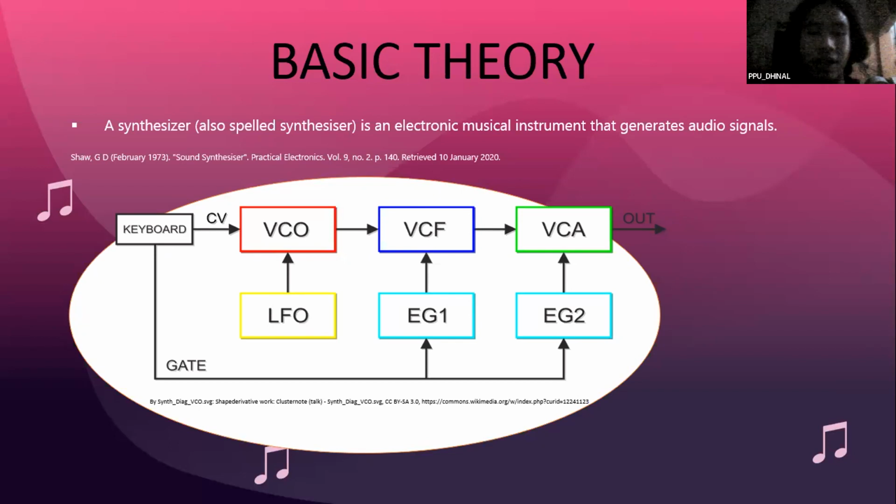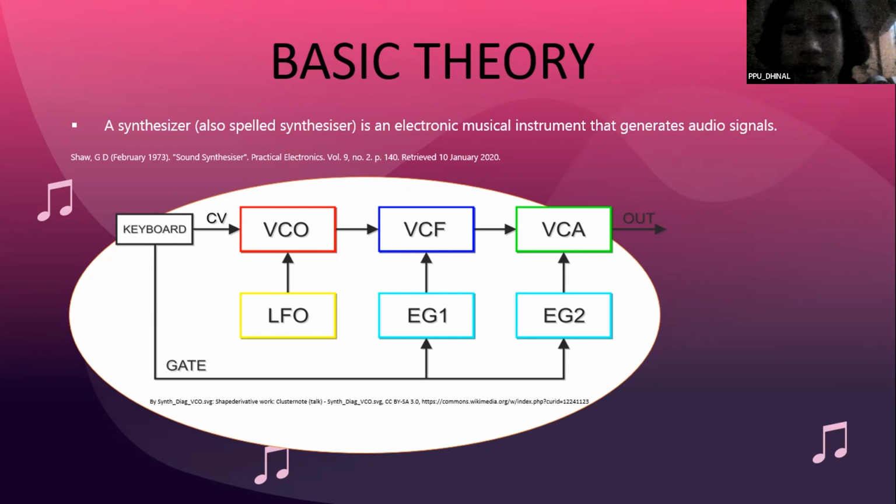If we want to create sound, the keyboard goes through a VCO, then there's a VCF, and there's a VCA. All of that is creating a music or a sound. The VCO is an oscillator. The oscillator is one of the main components of a synthesizer.